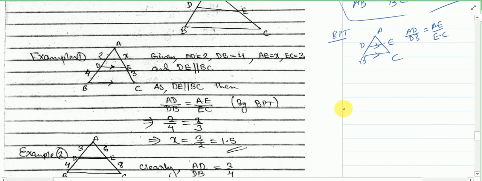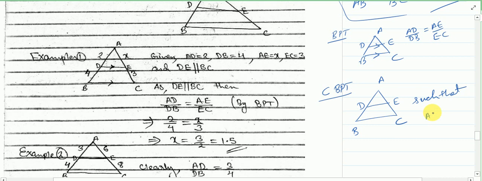And the converse of the basic proportionality theorem says that, let's say you have a triangle ABC and there is one line, this DE, such that AD upon DB is equal to AE upon EC, then this DE has to be parallel to BC.